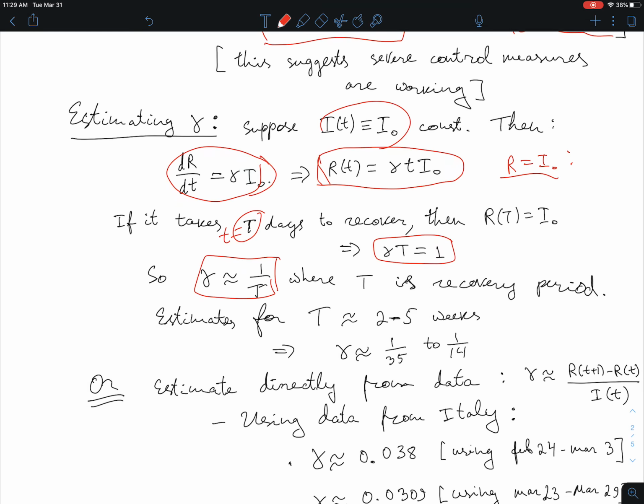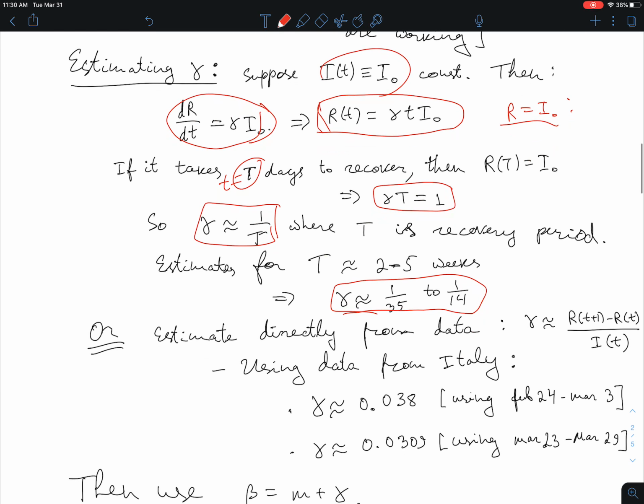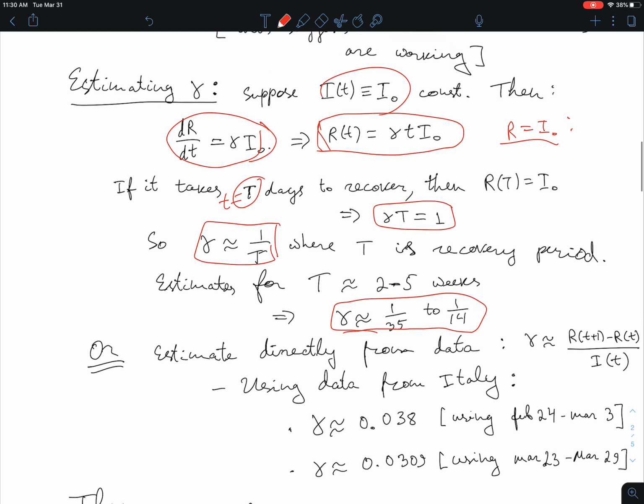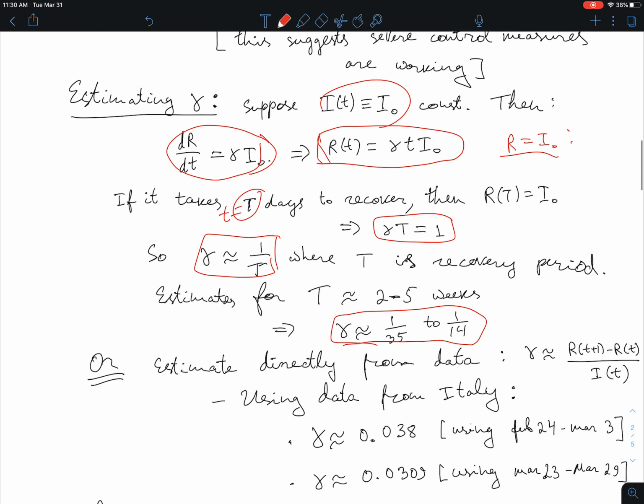And it seems that it can be from 2 to 5 weeks. So roughly, the range for gamma is from 1 over 35 to 1 over 14. Okay. That's a pretty big range.